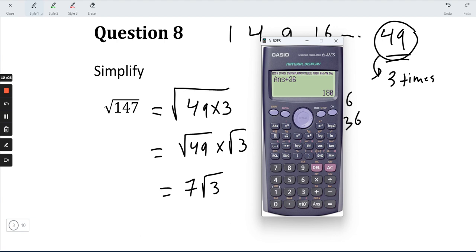So 36 will not fit our answer. But if you try 49 plus 49 plus 49, 3 times, you will get 147. So it's 49 times 3.